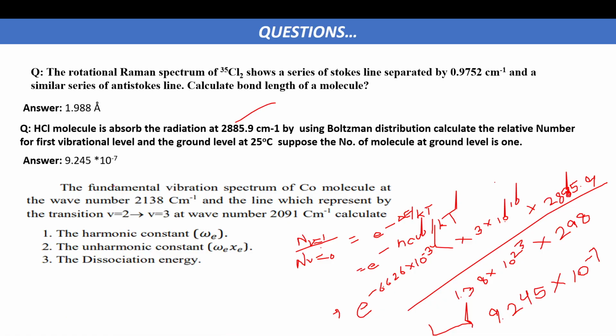Moving to next, the fundamental vibrational spectrum of CO molecule is at wave number 2138 centimeter inverse, and the line represented by the transition mu equals 2 to mu equals 3 is at wave number 2091 centimeter inverse. Calculate the harmonic constant, anharmonic constant, and dissociation energy.